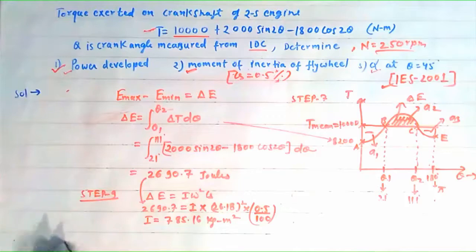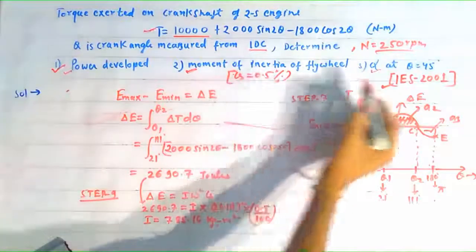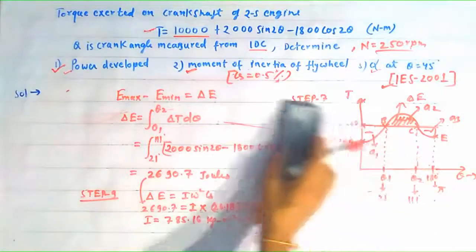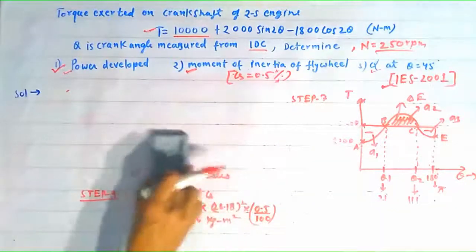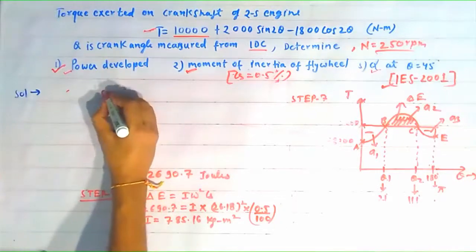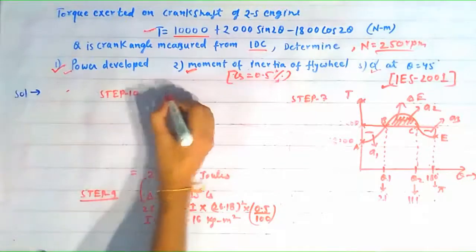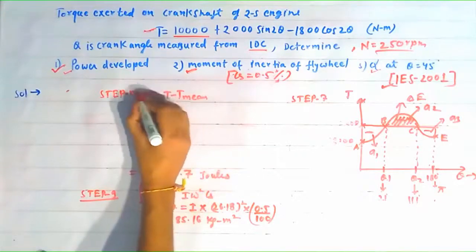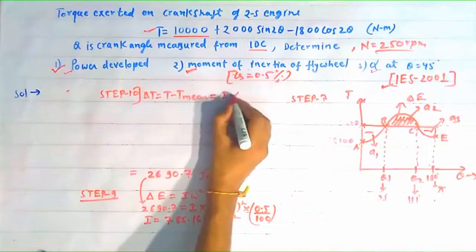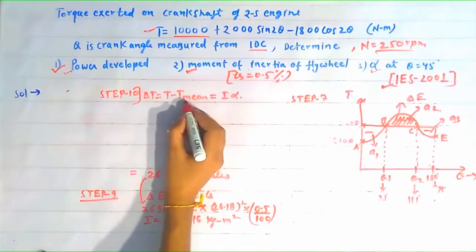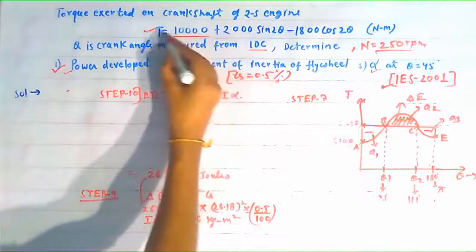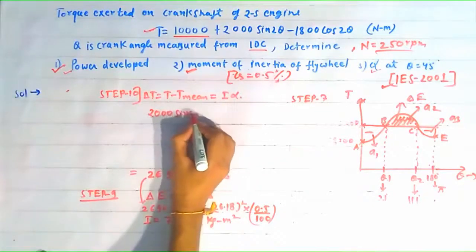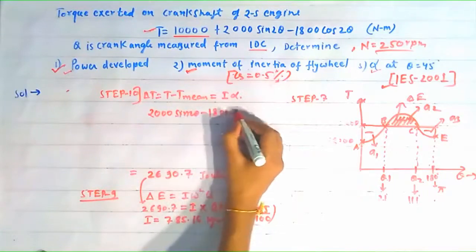Now the next thing is that we have to calculate the angular acceleration at theta equal to 45 degree. See how I am doing this. In step number 10, we know that T minus T mean is equal to I alpha. T minus T mean we have already calculated, which comes out to be 2000 sine 2 theta minus 1800 cos 2 theta.